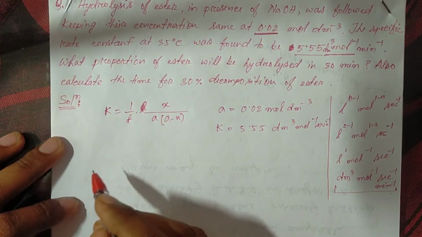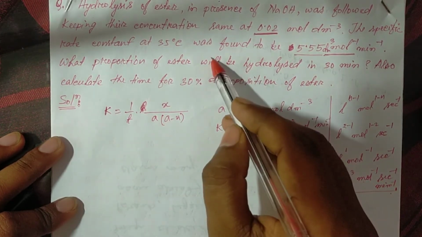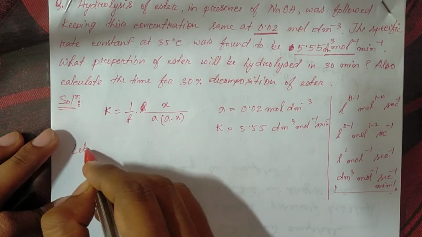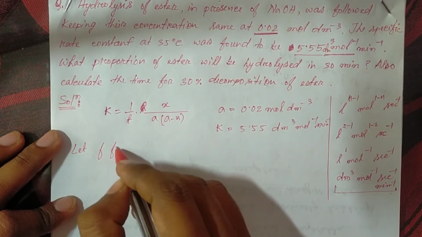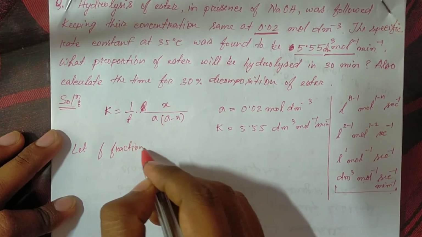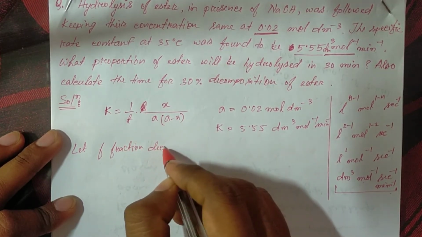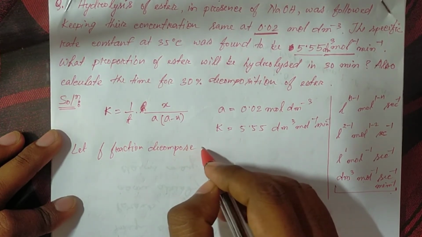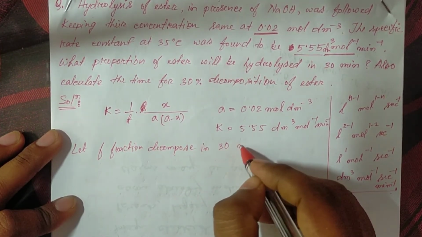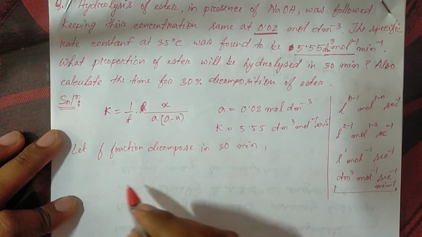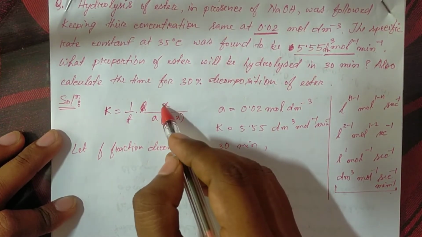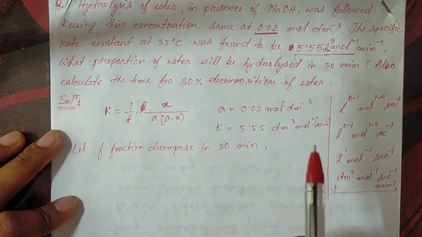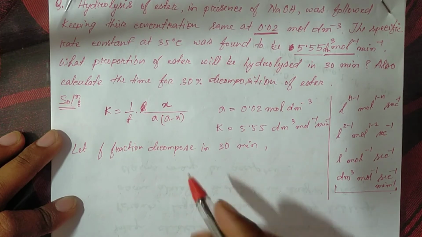Okay, so they are asking what proportion. So we will consider let f be the fraction decomposed in 30 minutes. Okay, so here it will be X. This X, what proportion will it be? That means what proportion of product we obtain.